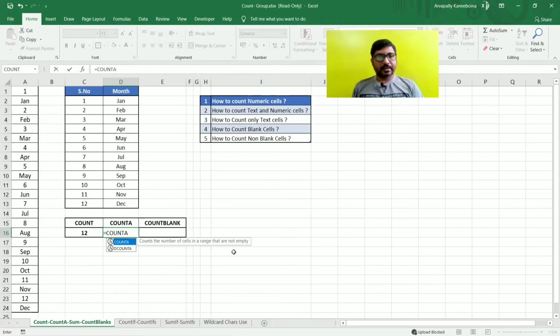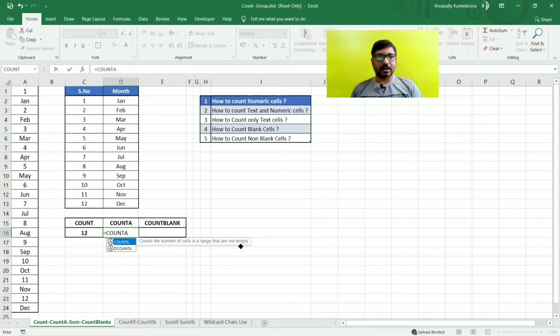See the description: counts the number of cells in a range that are not empty. If you select a larger range with some blanks in between, it omits those cells. Don't forget, it includes numbers and text.